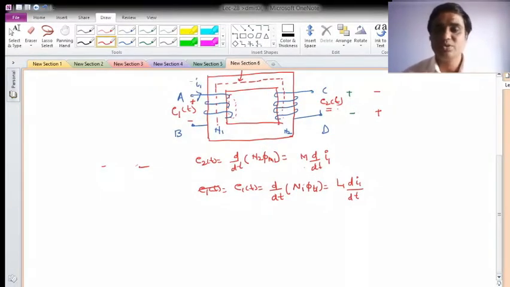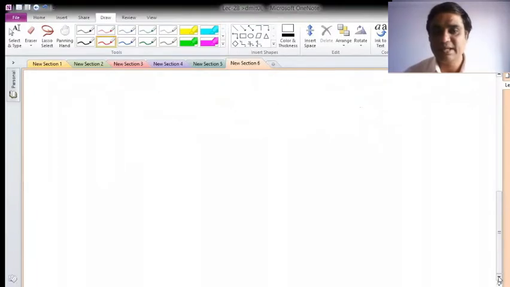In order to do that, I have to find out how much consequent current will flow in coil 2. So I will try to allow the current to flow in coil 2. This can be done by connecting an external circuit to it. Let me draw that.